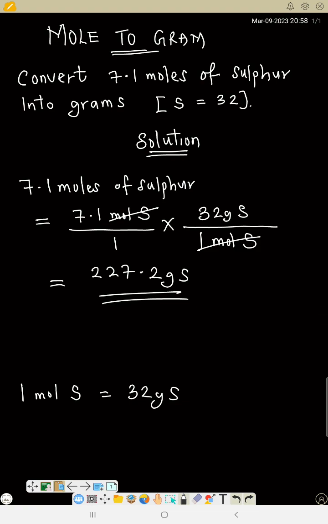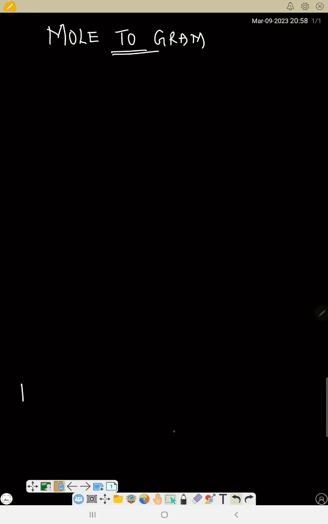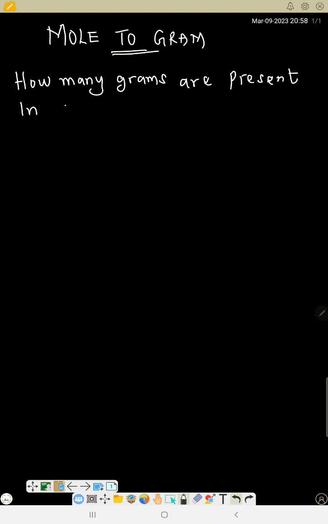So let's say we have, how many grams are present in 8.6 moles of carbon dioxide or carbon dioxide.